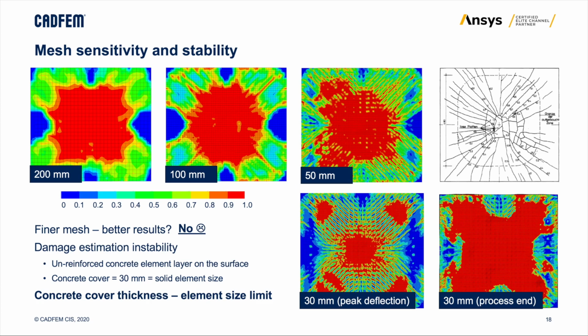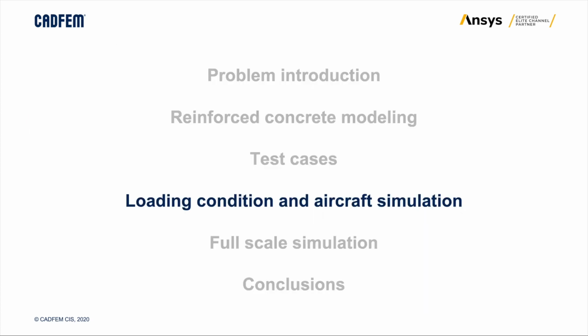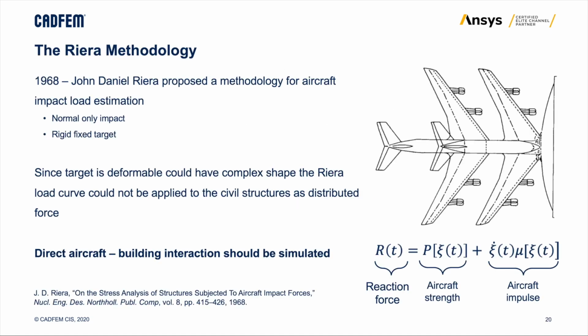If you do not use element erosion, you should keep in mind that the concrete cover thickness is the bottom element size limit. So let's talk now about aircraft simulation and loading applications.